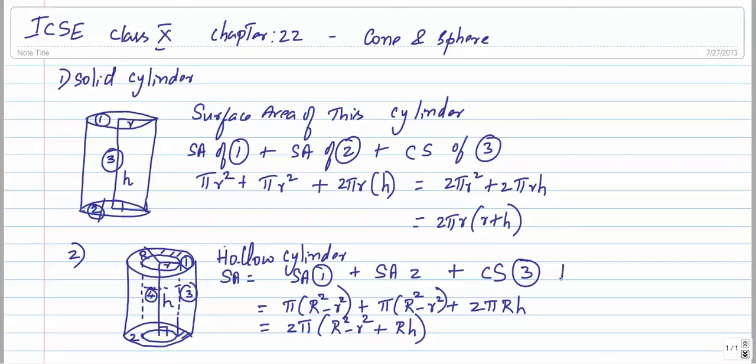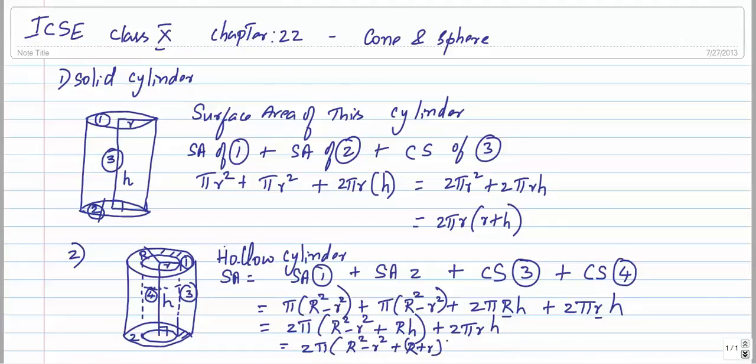So I need to add here curved surface area 4, so that will be 2 pi r h, where I take the small r. So this equation becomes plus 2 pi r h. So this will be 2 pi into R square minus r square plus R plus r times h. Is this clear?